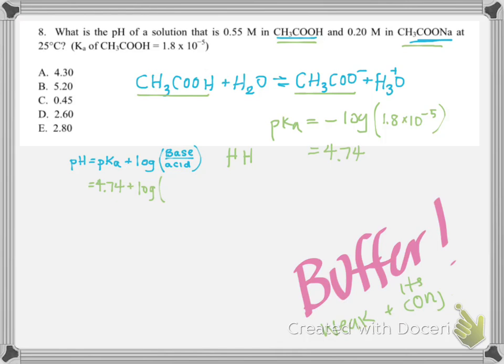And another thing that's nice about this equation, besides avoiding an ice table, is that you can either use moles or you can use concentration, as long as it's the same units for both. So here I can use the 0.2 molar of the base, or the acetate, divided by the 0.55 molar from the acetic acid.